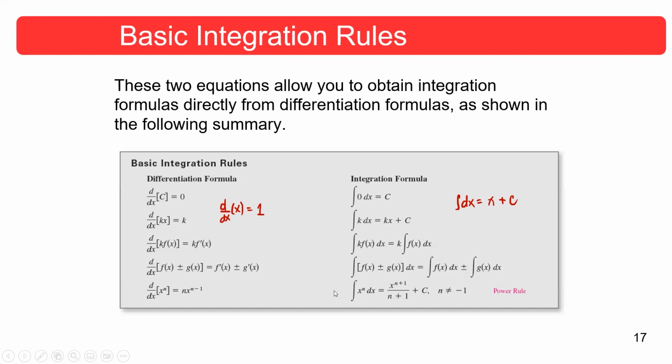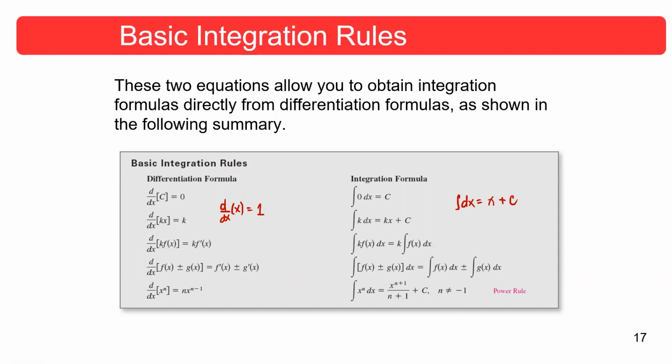What I like you to focus on is the last one. For the power rule, the integral of x raised to n dx is x raised to n plus 1 all over n plus 1 plus c. But you are given that n should not be equal to -1.